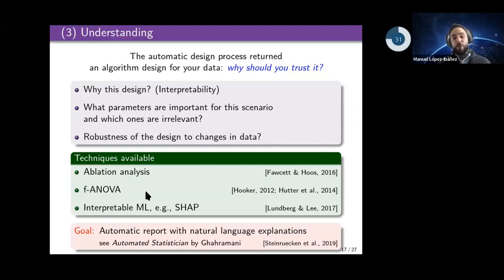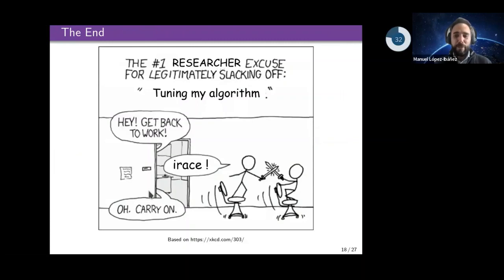Personally, I think that the goal should be to end up with a kind of automatic report, if possible, with natural language explanations, similar to the automated statistician of Ghahramani. If you know his work, you will know what I'm talking about. Okay, I think I went a little bit over time, but I hope there is some time for questions.